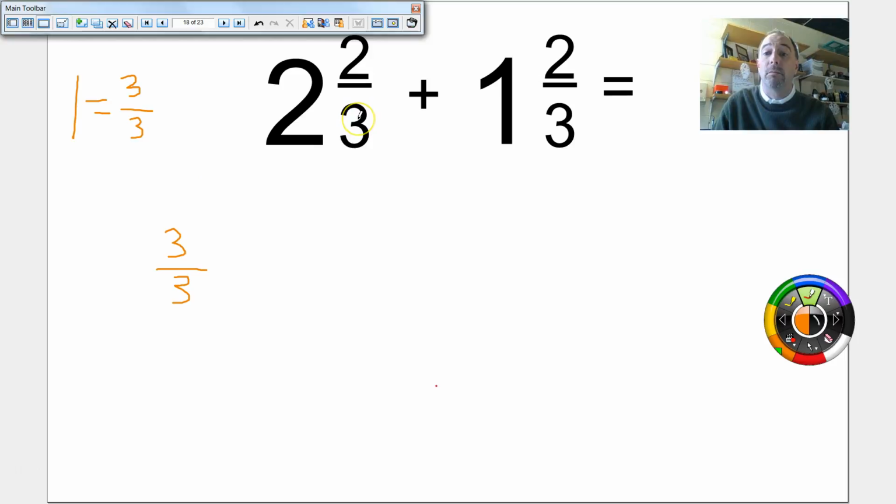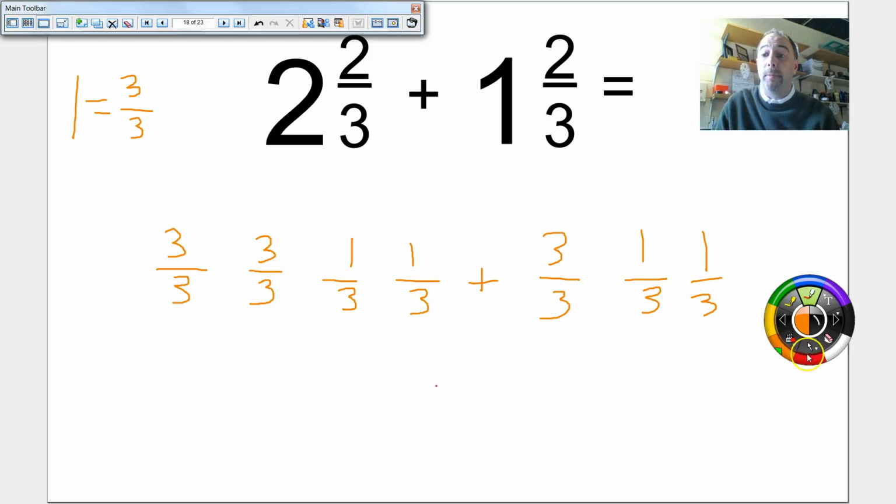With this equation, I'm working in thirds, but I have 2 wholes, and this equals 1 whole, which means I need 2 1 wholes. Then I take my 2/3 and make it 1/3 and 1/3 plus 1 whole. I just need 1 whole and 2 more thirds.